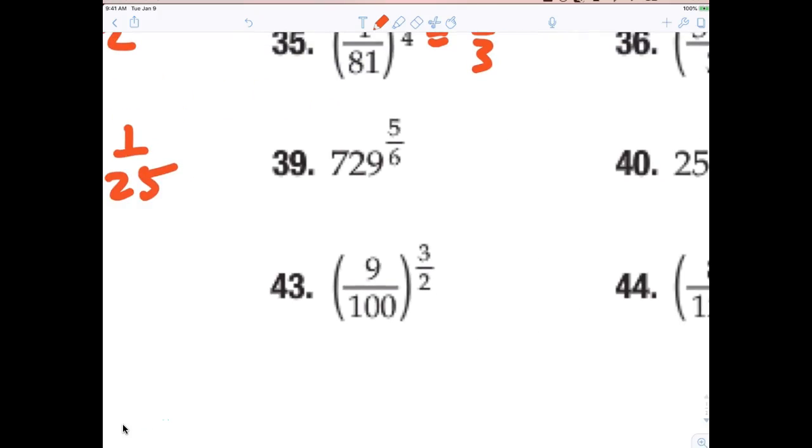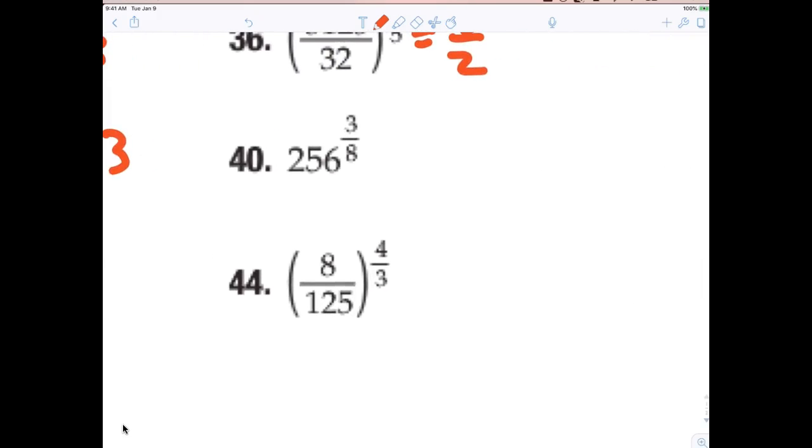I'm waiting on you. 44. Everybody okay? Come on now, again, listen, some of you, I get upset because I don't want you writing down 243. I want you to type it in on your own calculator and get 243. Ben, 40.